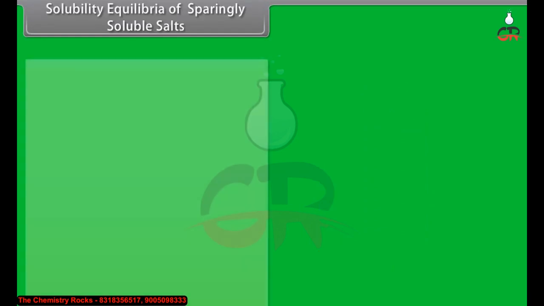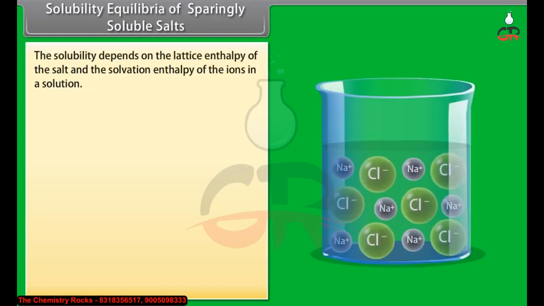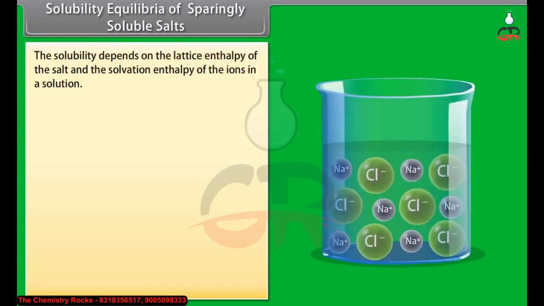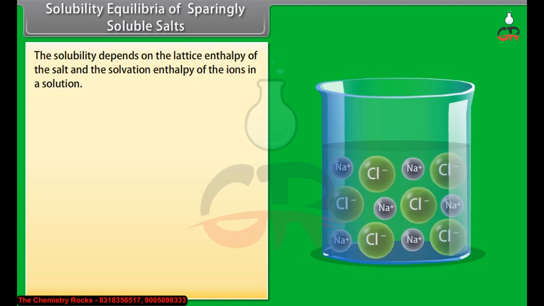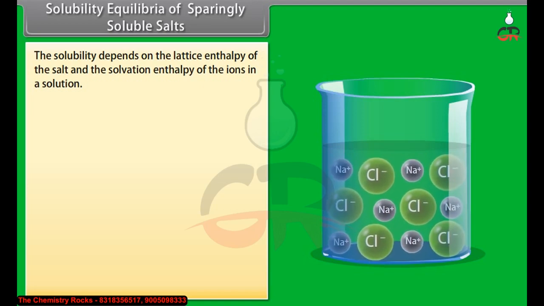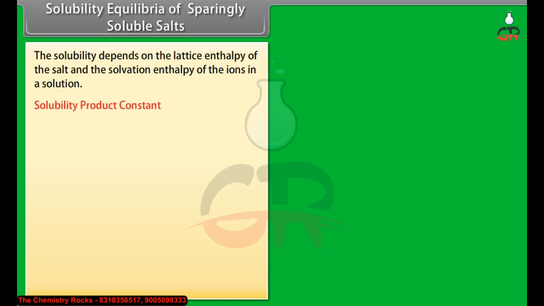Solubility equilibria of sparingly soluble salts. The solubility depends on the lattice enthalpy of the salt and the solvation enthalpy of the ions in a solution. Solubility product constant.